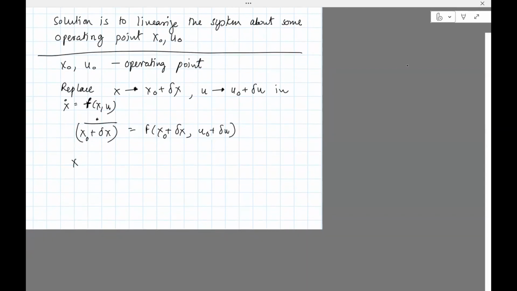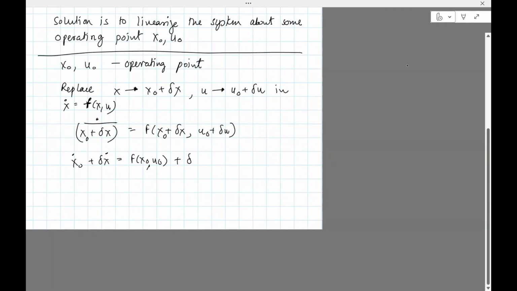Now this can be written as x0 dot plus delta x dot equals... there is something called a Taylor series expansion, which helps us expand out f of x0 plus delta x. You might have seen this in a numerical methods class.